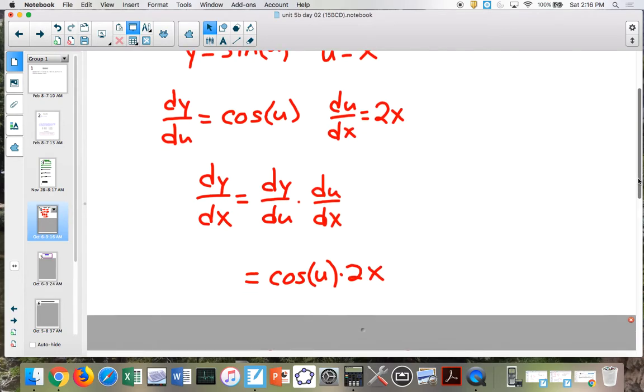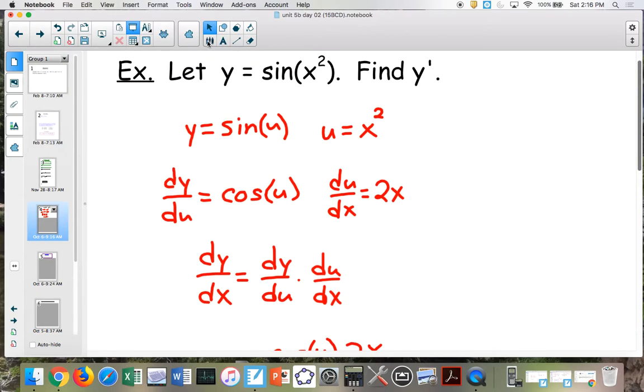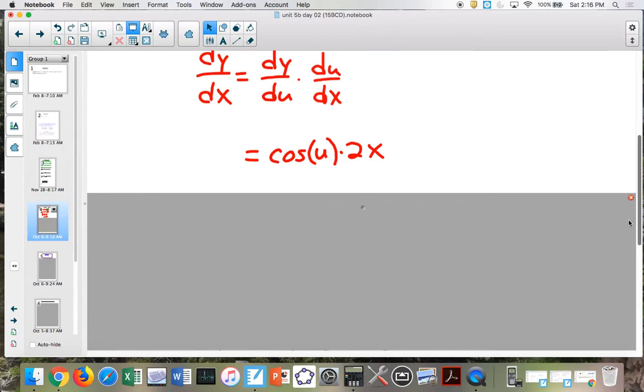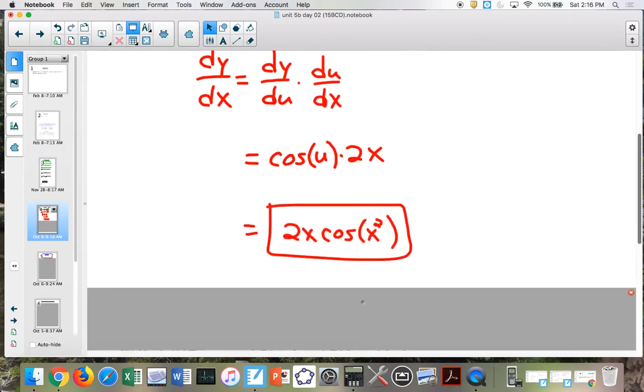And now u is just a temporary variable. Go back up here. Remember what u is equal to. U just represents x squared. So I'm going to go ahead and replace u with x squared. And I get my final answer, cosine of x squared times 2x.